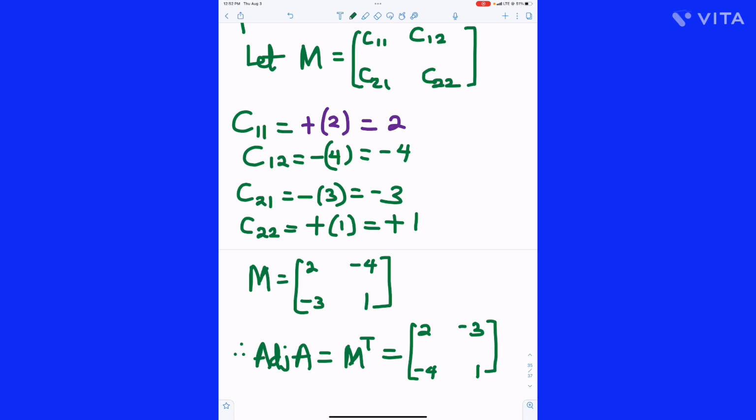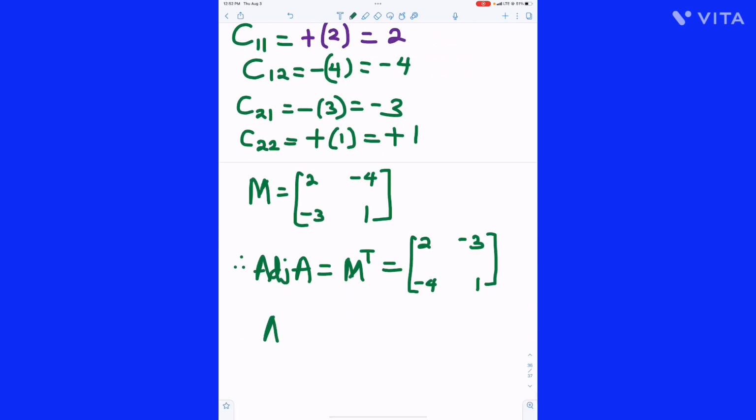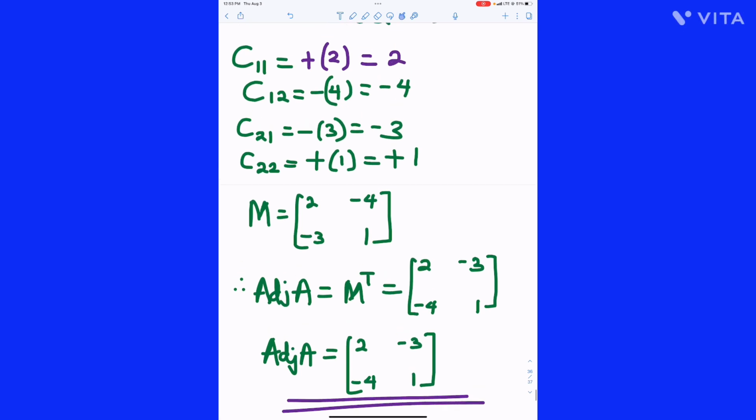So the adjoint of matrix A is 2, minus 3, minus 4, 1. That gives you what the question requires. That's the adjoint of A.